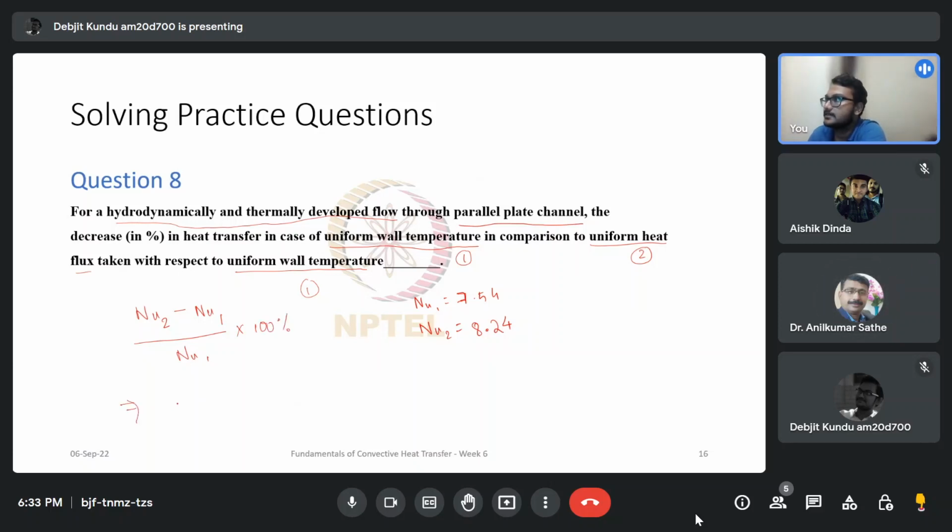The difference is 8.24 minus 7.54, divided by the wall temperature value 7.54. It is 9.28%, so this would be the correct answer.